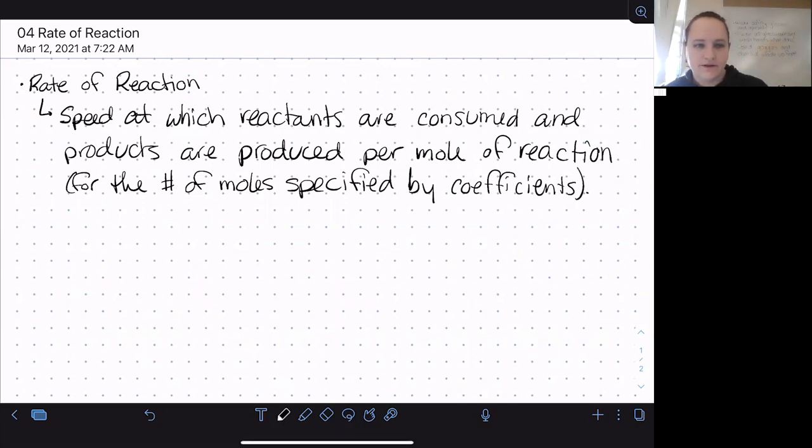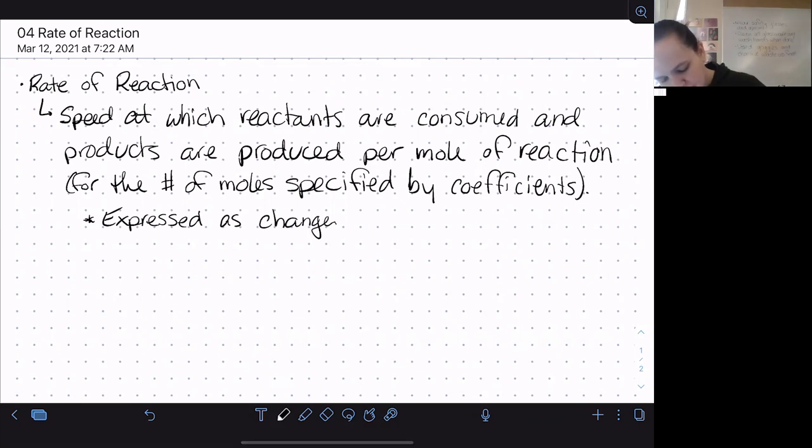So this is expressed as a change in concentration per change in time. Change in concentration per unit time.